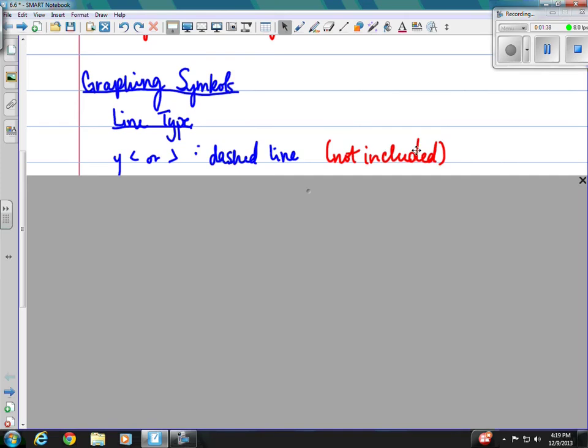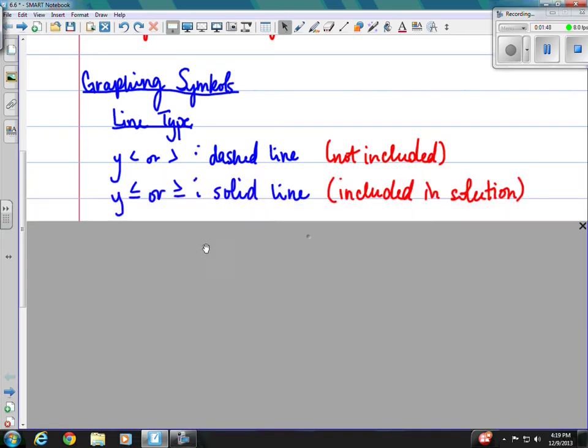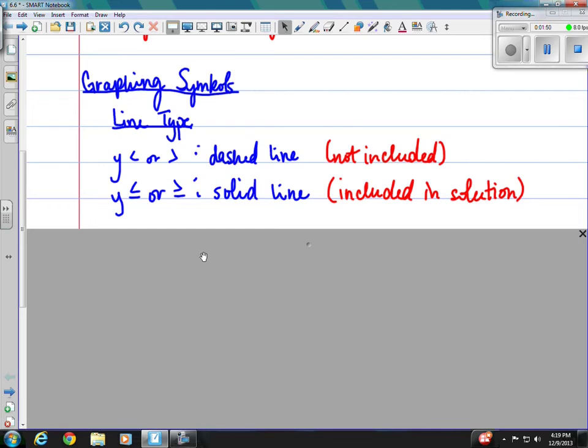It's equivalent to an open circle when we did those on a number line. So if it's less than or greater than, it's a dashed line because it's not included. Our second line type is for when y is less than or equal to or greater than or equal to, because the line is then included in the solution because it is equal to it.